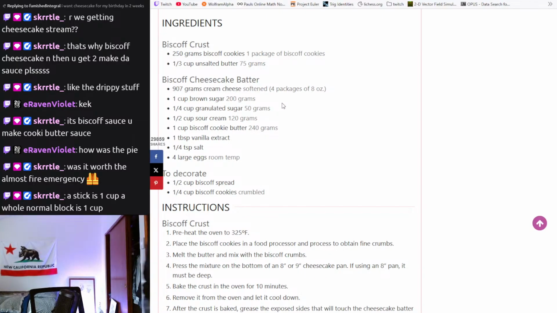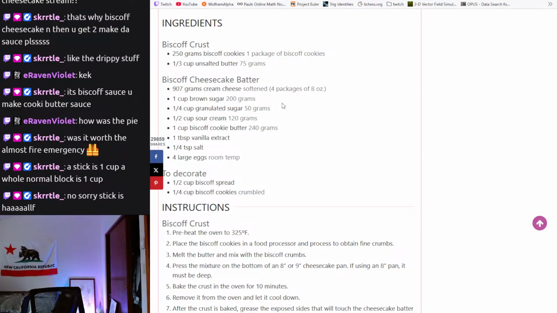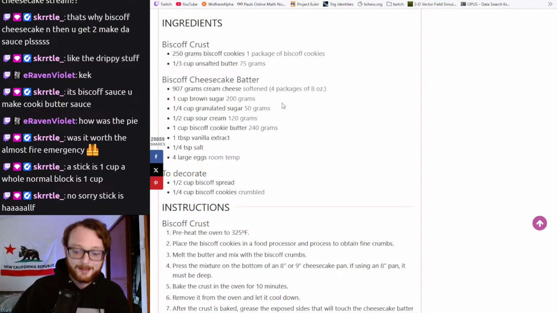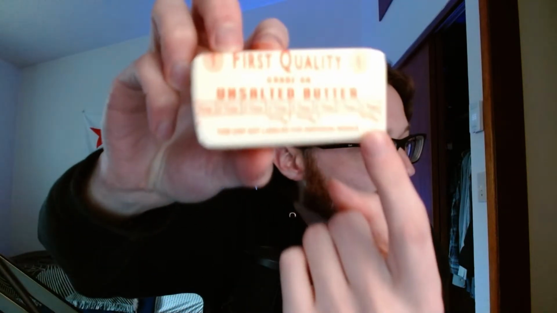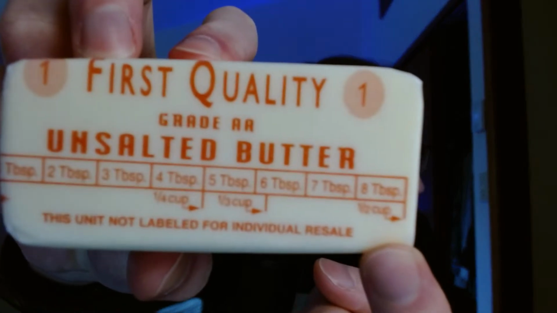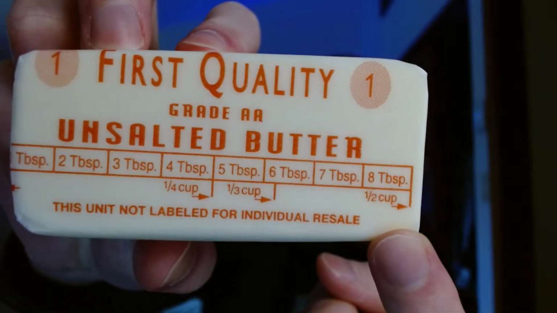I'm getting butter. All right. I'm now a butter streamer. Hardly know her. Yeah, half a cup. Come on, Skirtle. Wait. Where is it? Right underneath my finger. Half a cup. Or above my finger, not underneath.